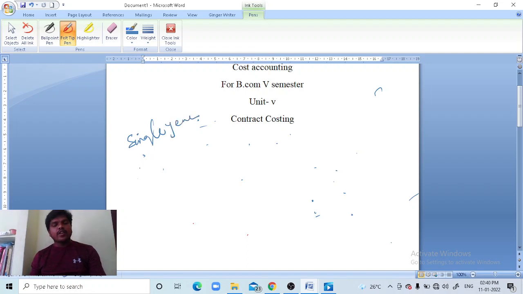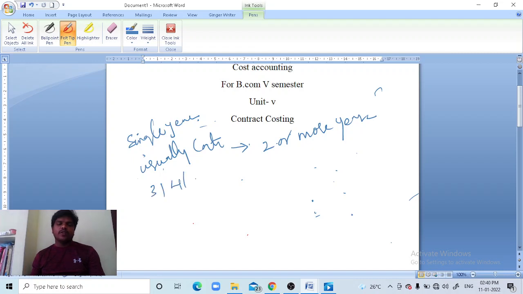Usually these contract works will require 2 or more years, maybe 3, 4, 5, 6 years. Some contract works may require 10 years also.